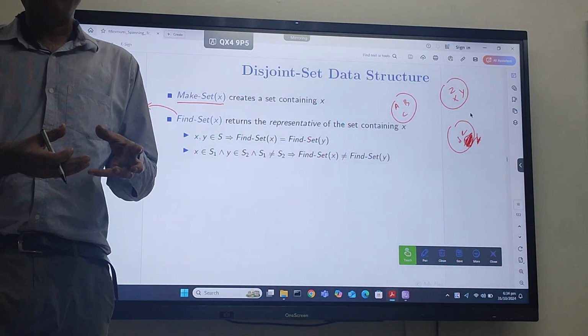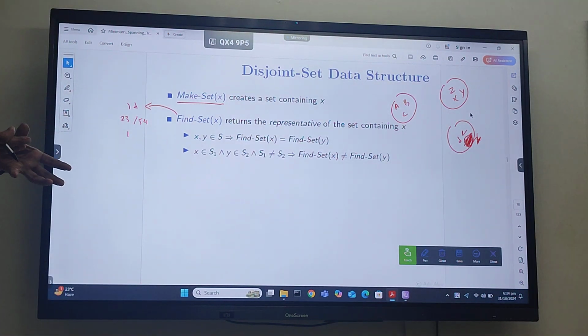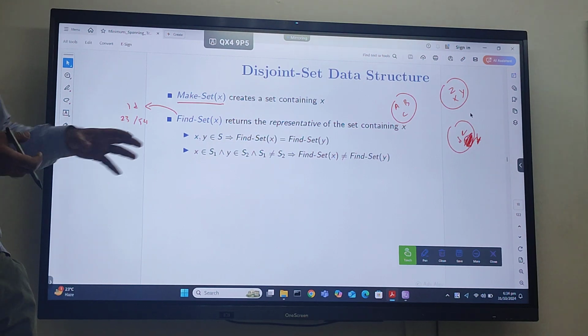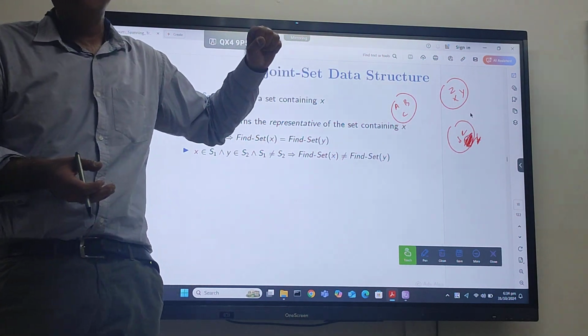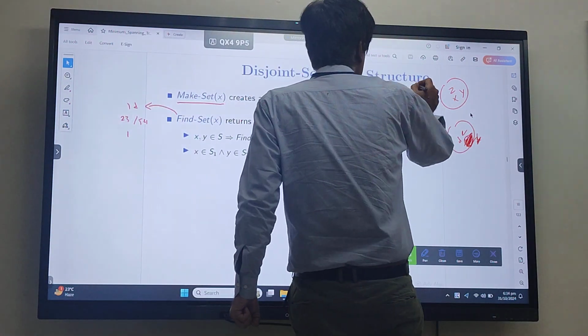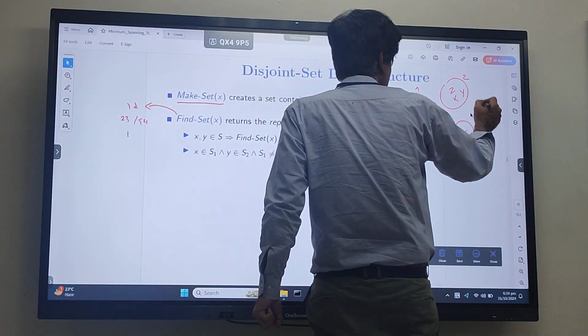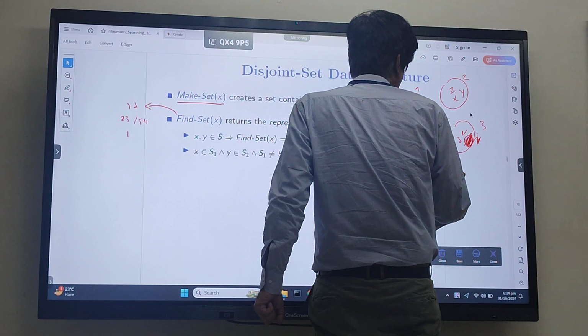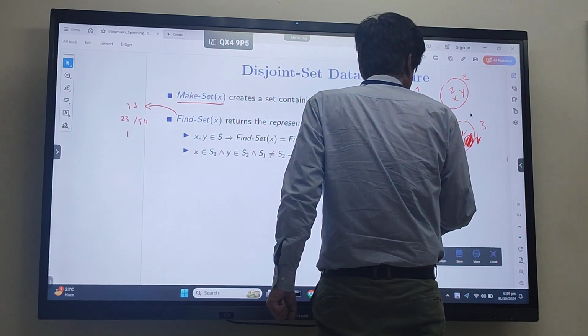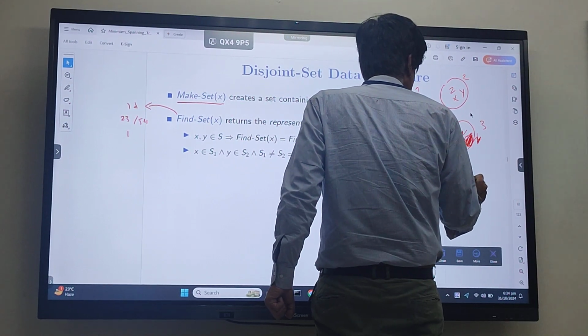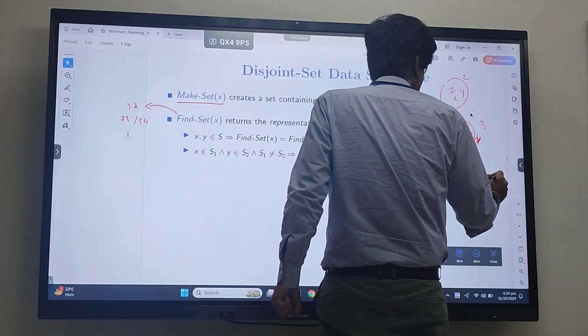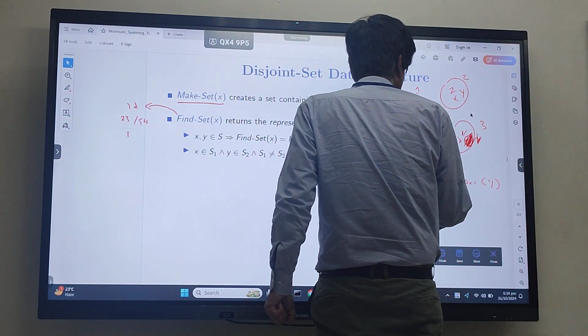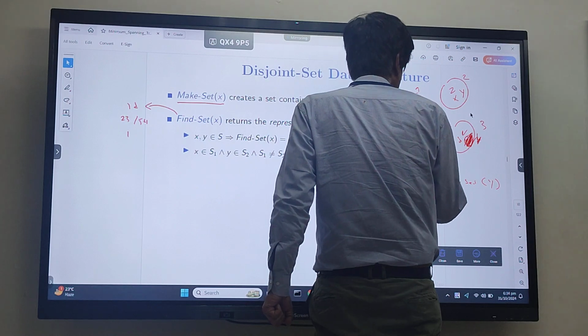It's an identifier of which set this element belongs to. Remember that example? If this is set 1, this is set 2, this is set 3, and I say find set Y, it will return me 2.